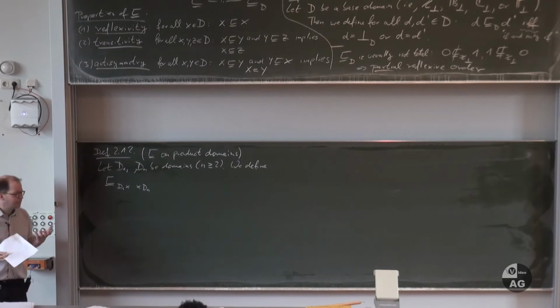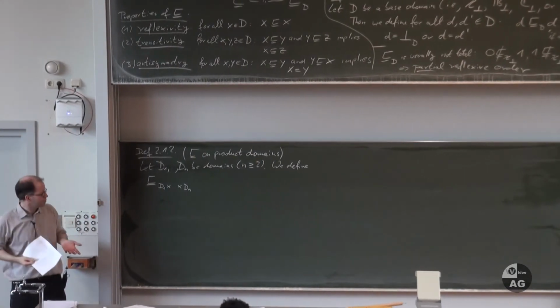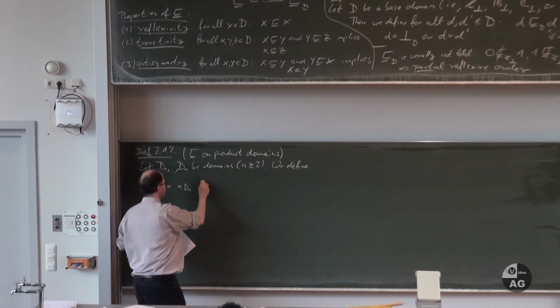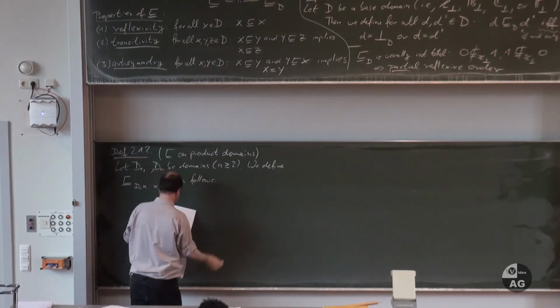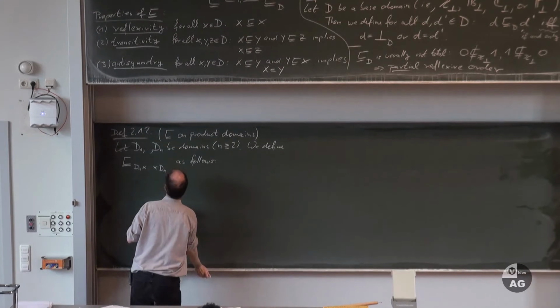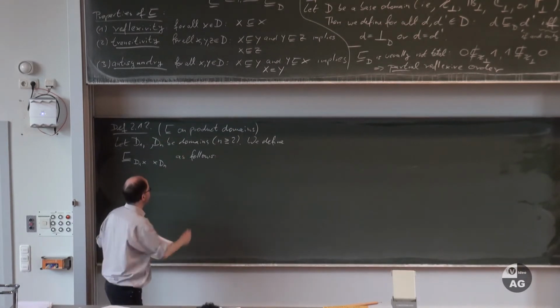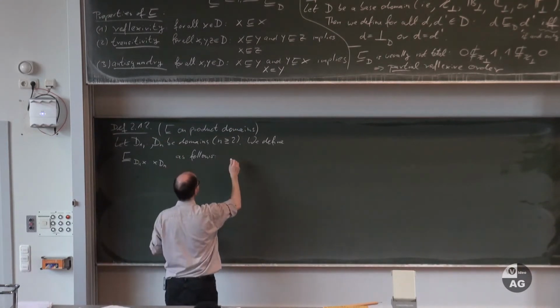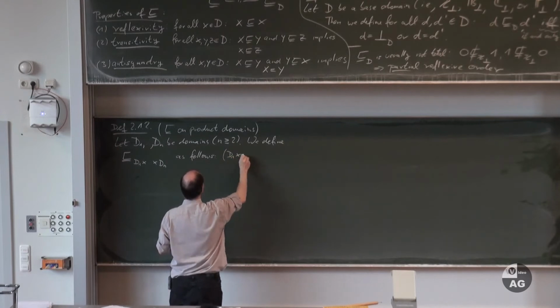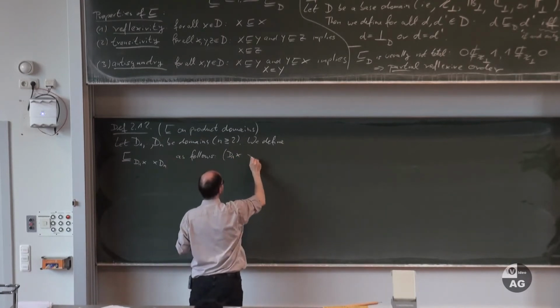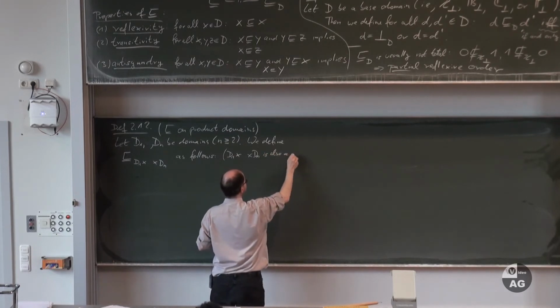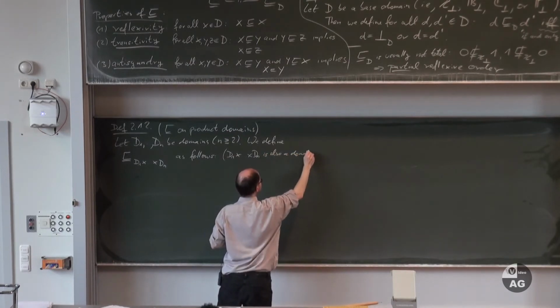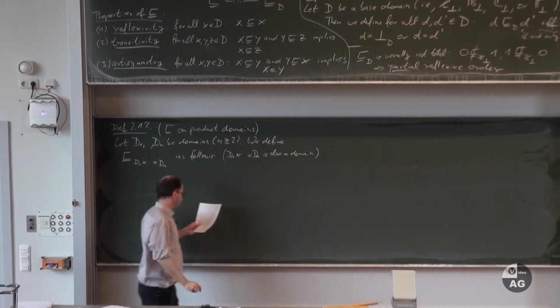So this is a relation comparing n tuples. So if D1 and Dn are domains, then D1 cross Dn is also called a domain. And the relation is defined as follows.